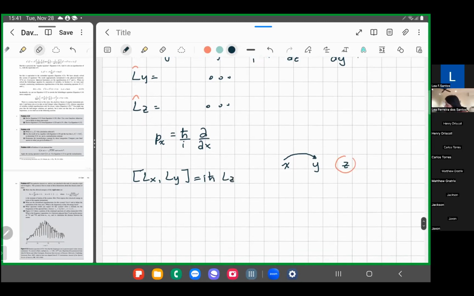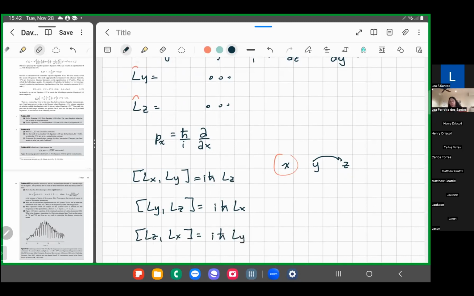The commutator between Ly and Lz, it's always cyclic like that, is I, H bar, Lx. And so on. Between Lz and Lx is I, H bar, Ly.